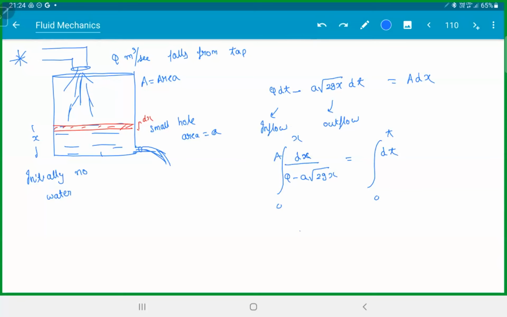Then it is just a little integration involved. You can just put z is equal to q minus a root 2gx and get it. So dz will be a root 2g 1 by root x dx. Okay? From there you will get the answer.